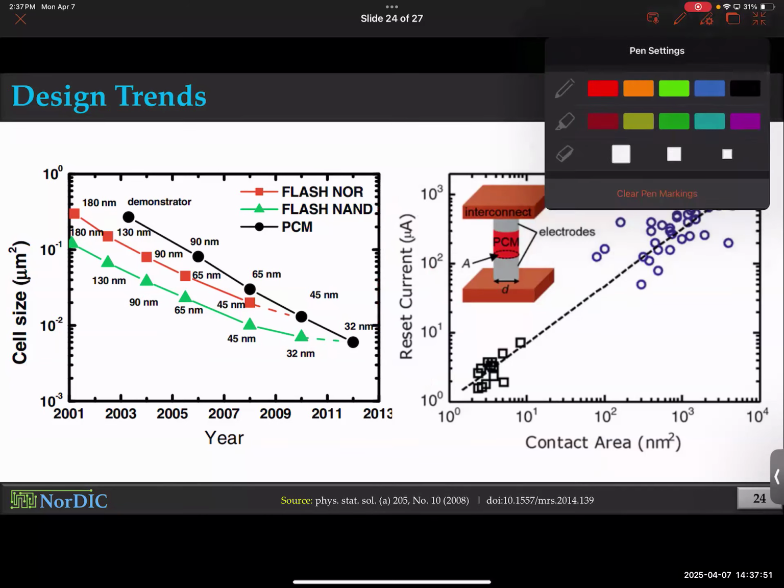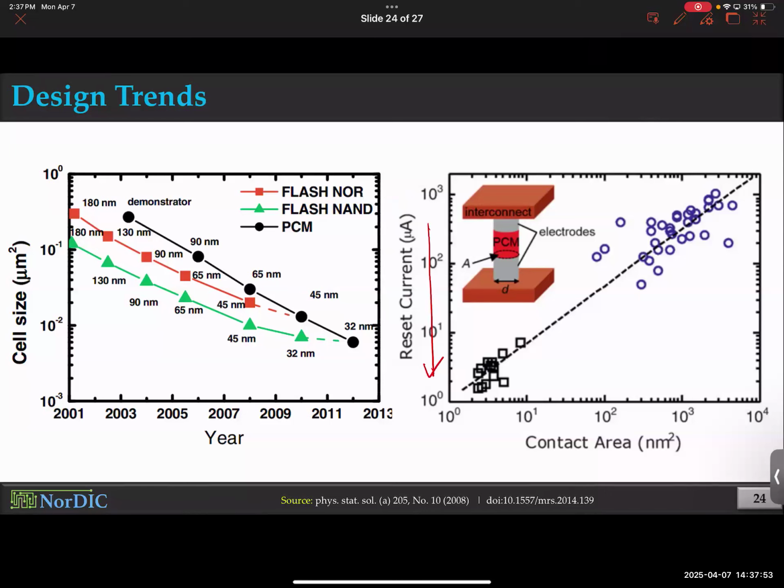So we would love to have lower reset current and also lower contact area, because this is a contact, this is another contact, and in between you have the phase change memory. No matter how small the phase change memory is, if the contacts are not small, then you don't really scale down.